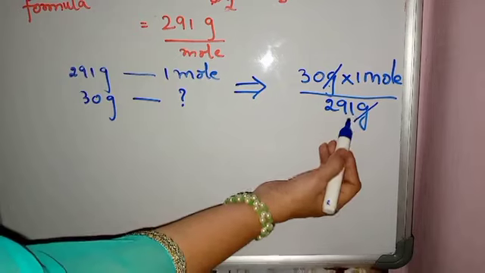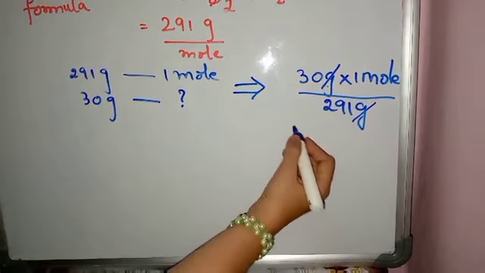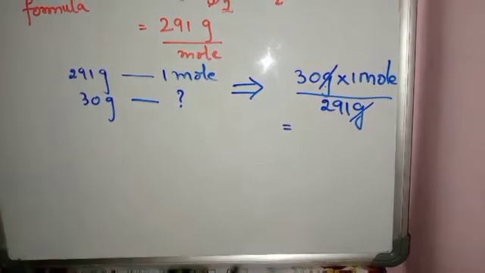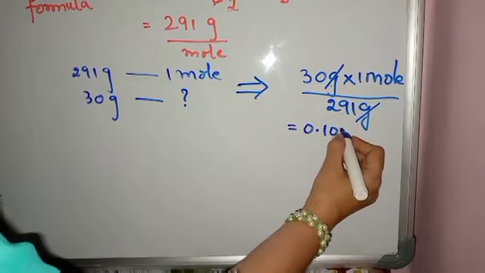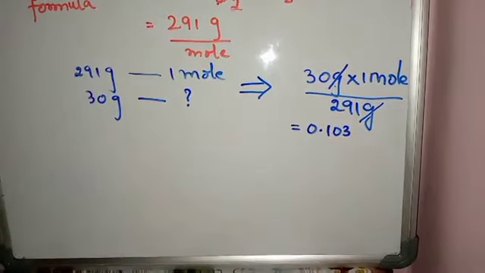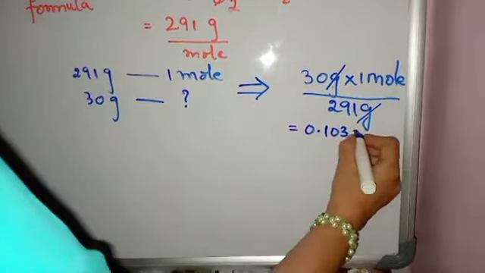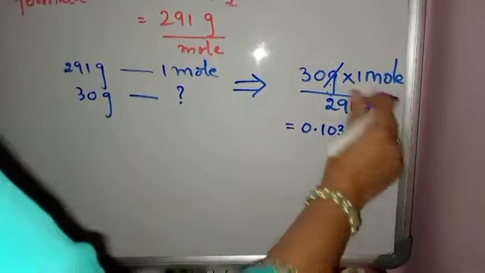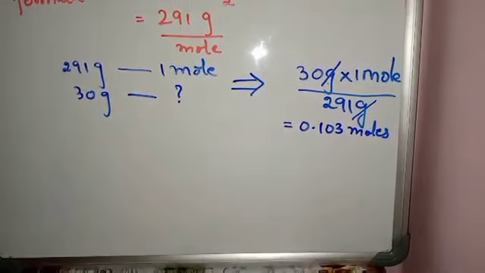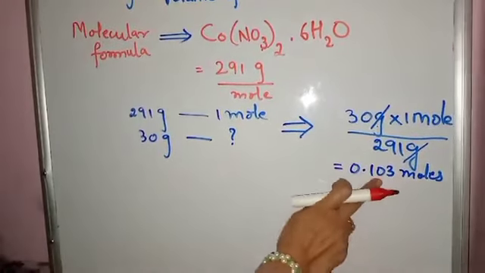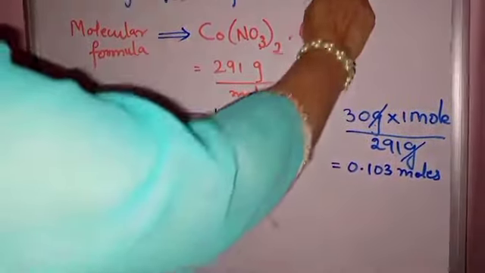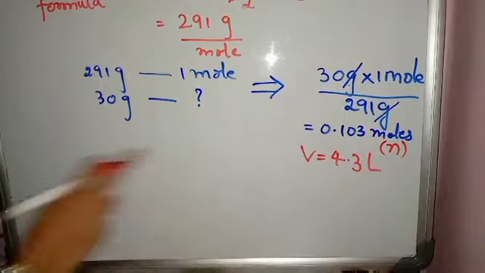Gram will cancel out and 30 divided by 291 will give 0.103 moles. So you have got the number of moles, that is, this is nothing but n. We'll put it in the formula.